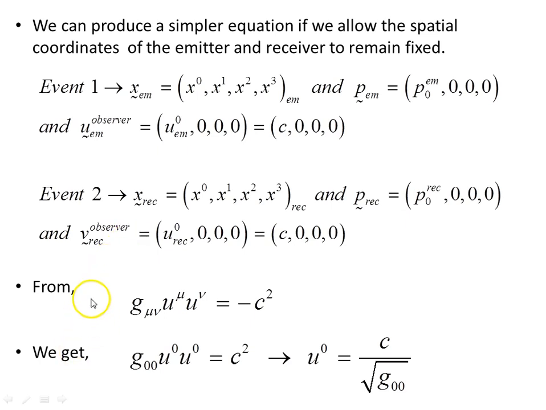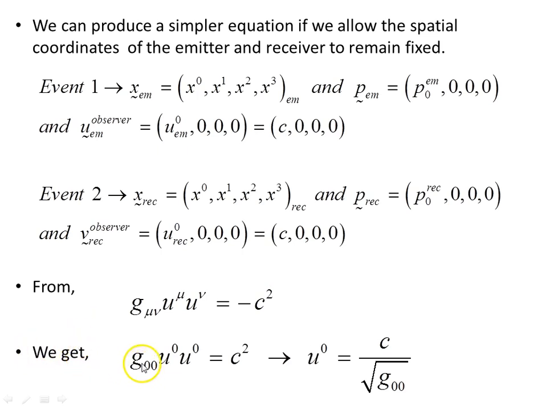Now, from this relation, g_μν u^μ u^ν is minus c squared, the scalar product of the forward velocity of an object with mass in some general space-time will be equal to minus c squared.